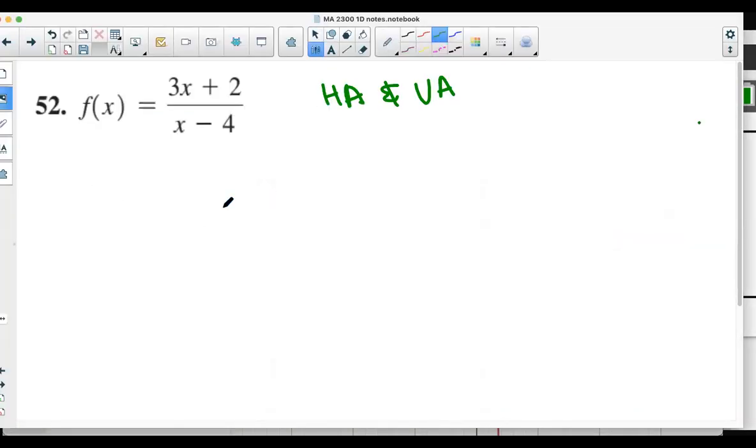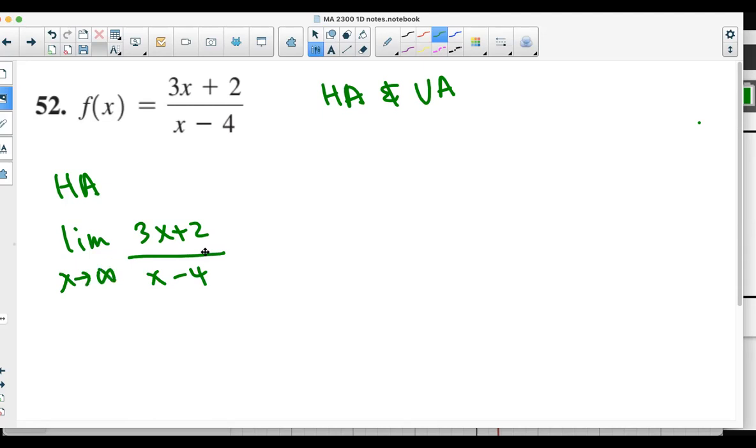To establish the horizontal asymptote, I'm gonna be doing the limit of 3x plus 2 over x minus 4 as x approaches infinity. Now, if you think about it, as x approaches infinity, is the plus 2 or the minus 4 significant?